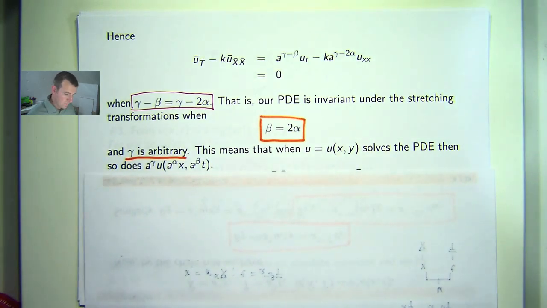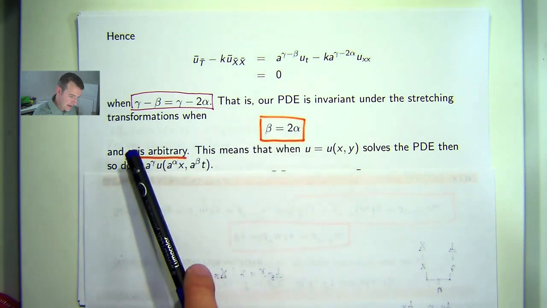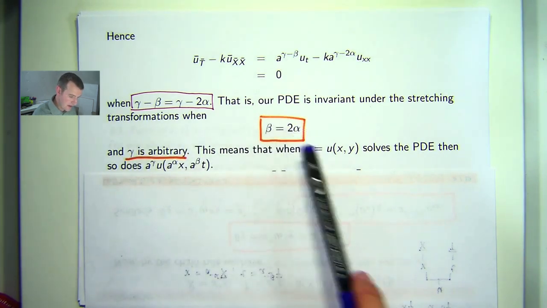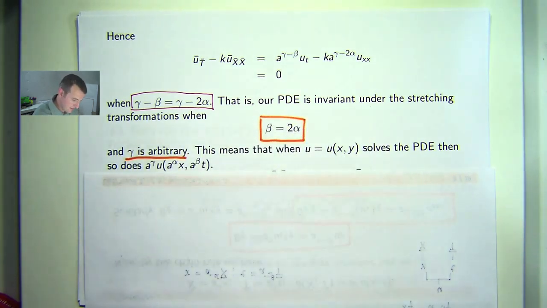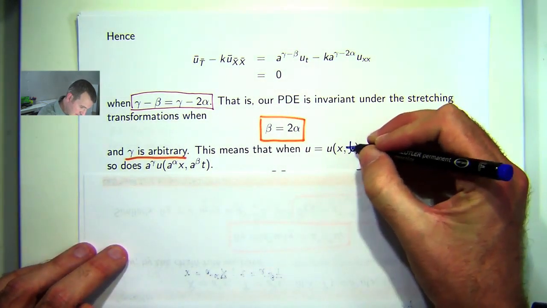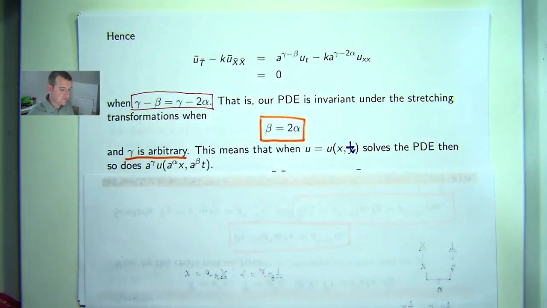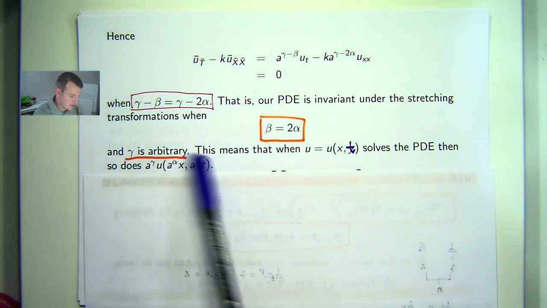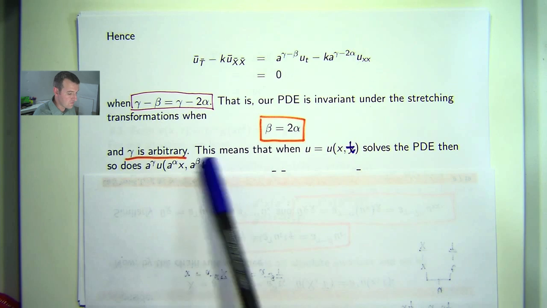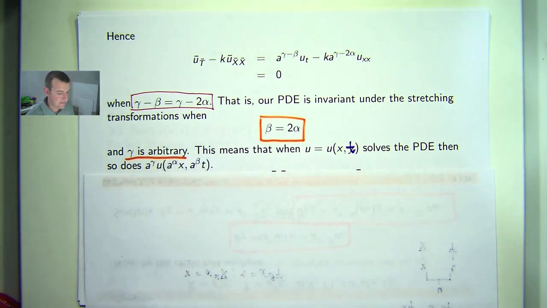So what this means is that for every gamma, and when beta equals 2 alpha, if u of x comma t solves our diffusion equation, then so does this. This is just u bar of x bar comma t bar.